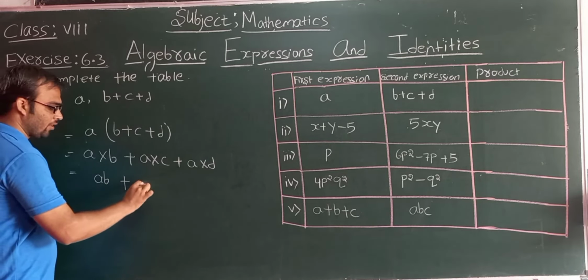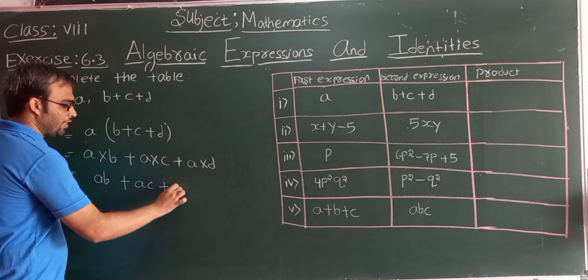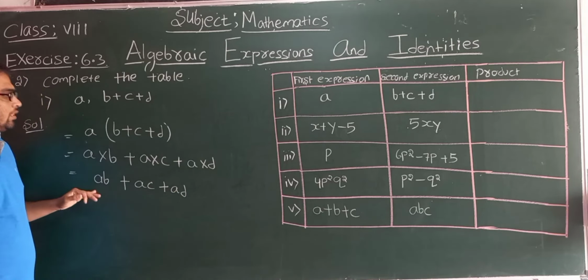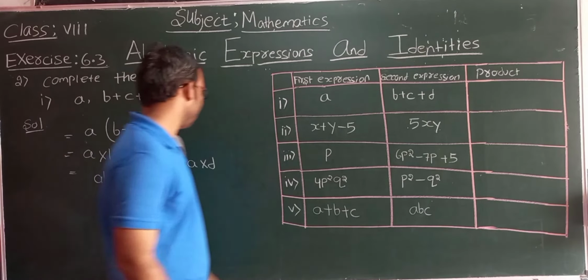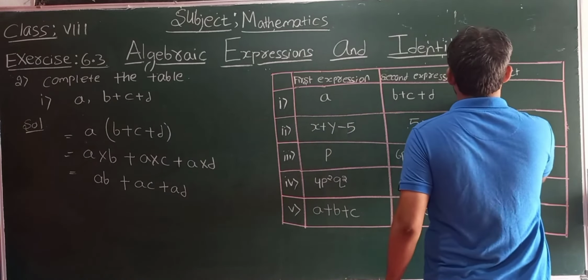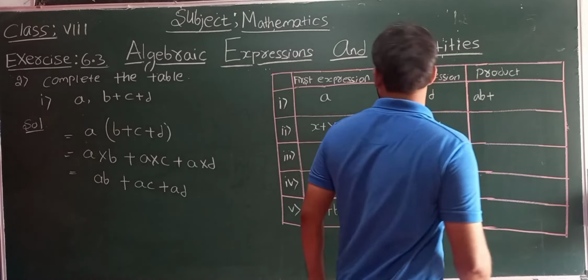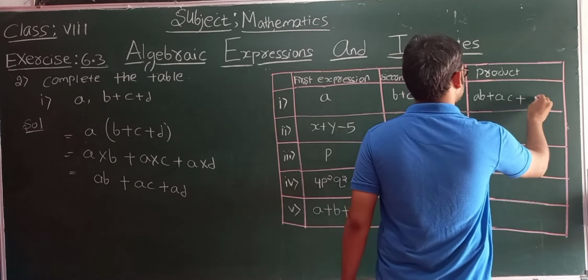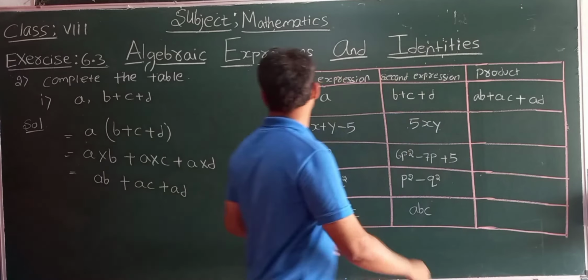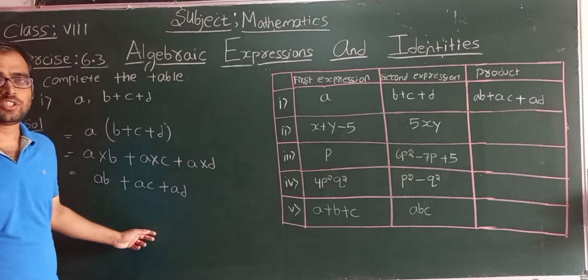Plus a into c is what? ac. Plus a into d is what? ad. Okay, so this is the solution for the first problem. So we'll write there: ab plus ac plus ad. Okay, so this is the solution for the first problem.